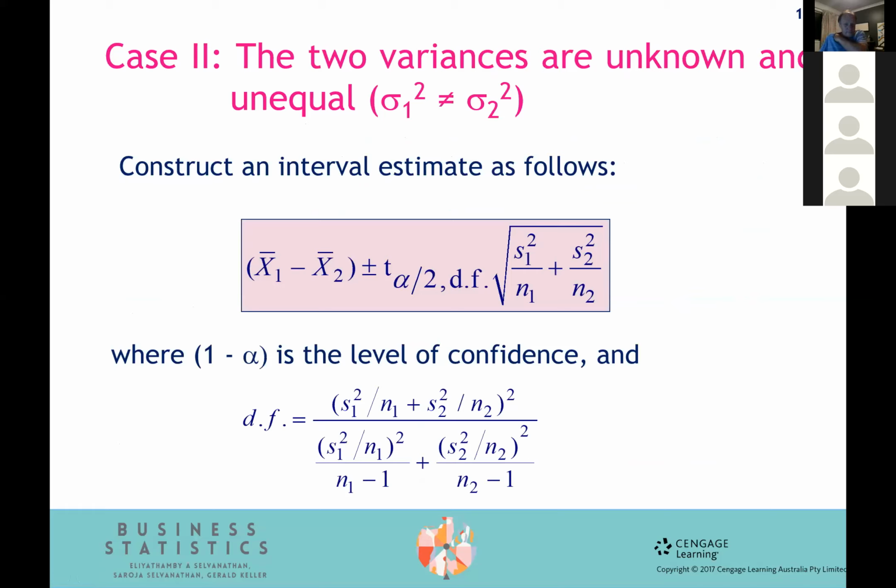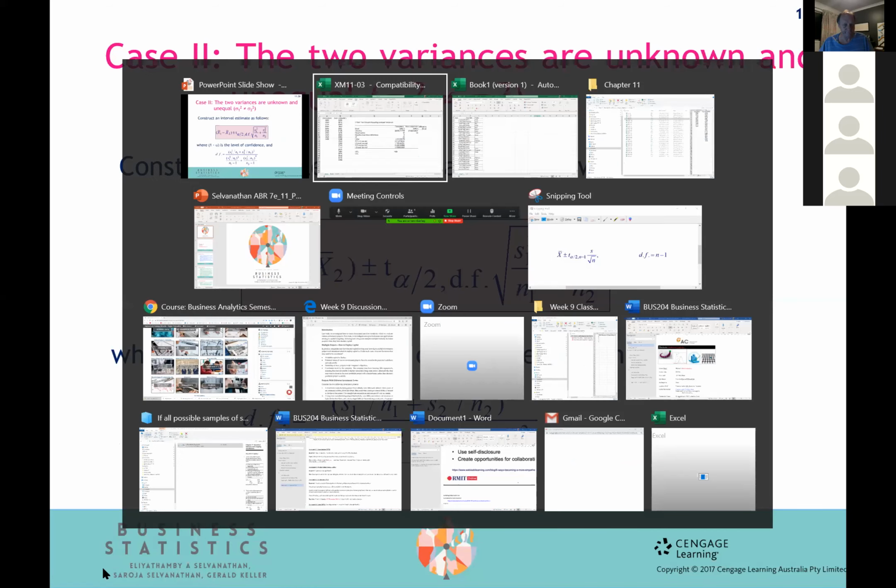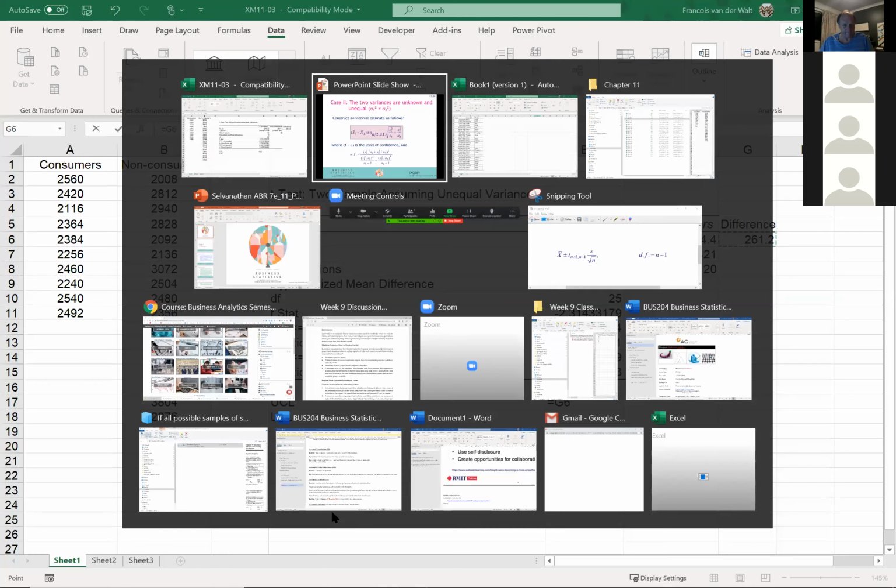So would it be the difference between the 2 mean values minus the 2 tail value times the square root of figure 1 divided by figure 2 plus figure 2 divided by figure 2? Yeah.